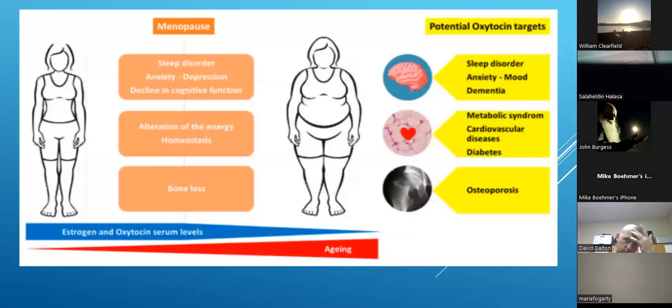Again, what happens with aging, especially with postmenopausal women and decreasing sex hormone and estrogen levels? You get all these problems, right? You get sleep disorder, anxiety, metabolic syndrome, cardiovascular disease. All of this increases with aging and postmenopause in women because of the decrease in sex hormones and oxytocin. And we can reverse all these problems of postmenopausal symptoms and pathology by giving oxytocin and possibly sex hormone.